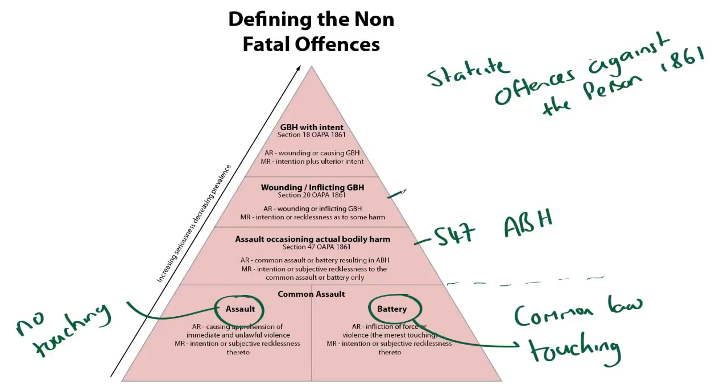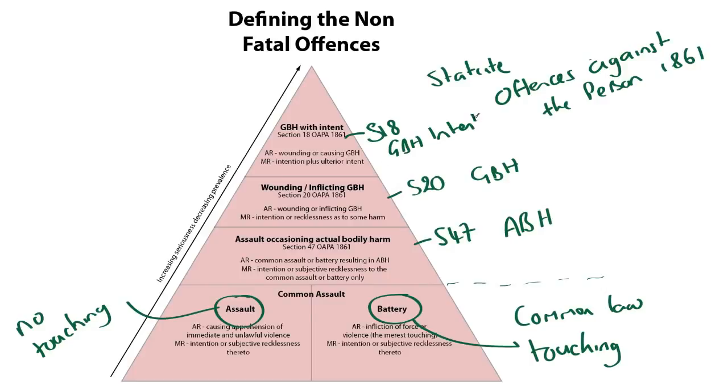Our second offence is committed under section 20 of the OAPA 1861, and we commonly know that as GBH. And that GBH refers to grievous bodily harm, which really means serious harm. And we'll discuss that in great depth in later videos. And finally, our most serious offence is the one under section 18, and that's GBH with intent.